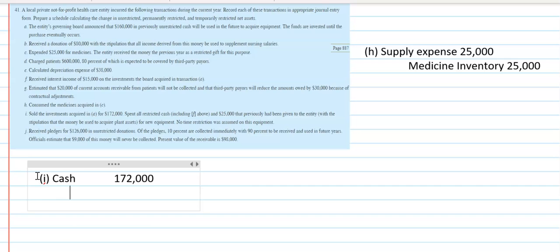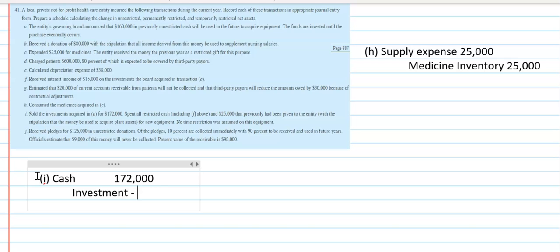Cash increased. You have to remove the investment because that investment is now gone. You sold it, so you have to credit investment. And remember when you did part A there was an internal restriction, so we labeled it as internally restricted.